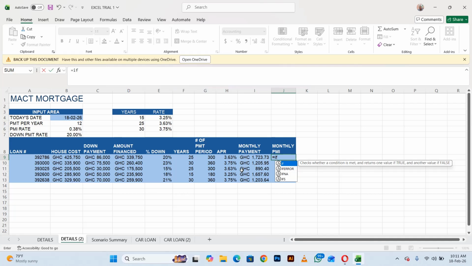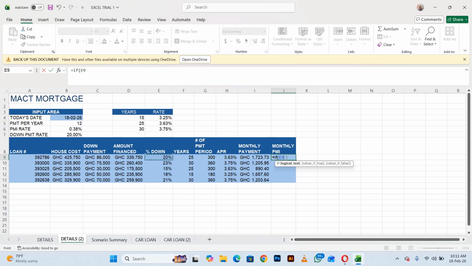Then you bring your bracket. If this one, this is the percentage. Should we start with less than or greater than? Let's start with less than. I prefer to start with less than.